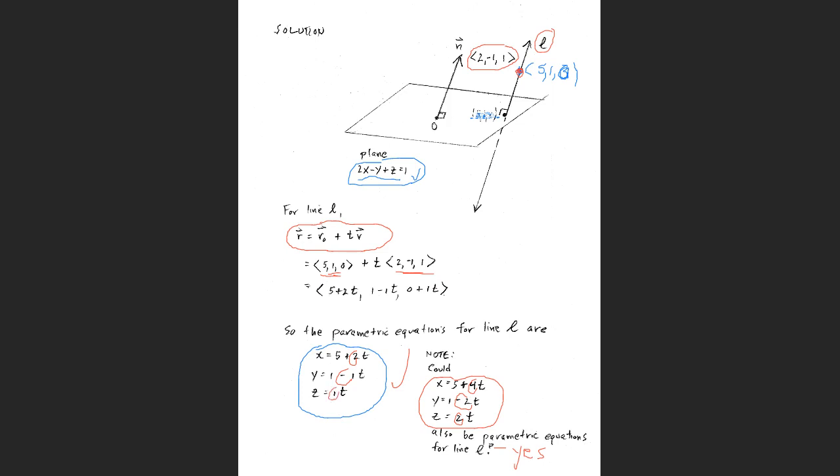In other words, 4, -2, 2 is equal to 2 times the vector 2, -1, 1. So the direction is the same. You probably learned in pre-calculus that parametric equations are not unique.